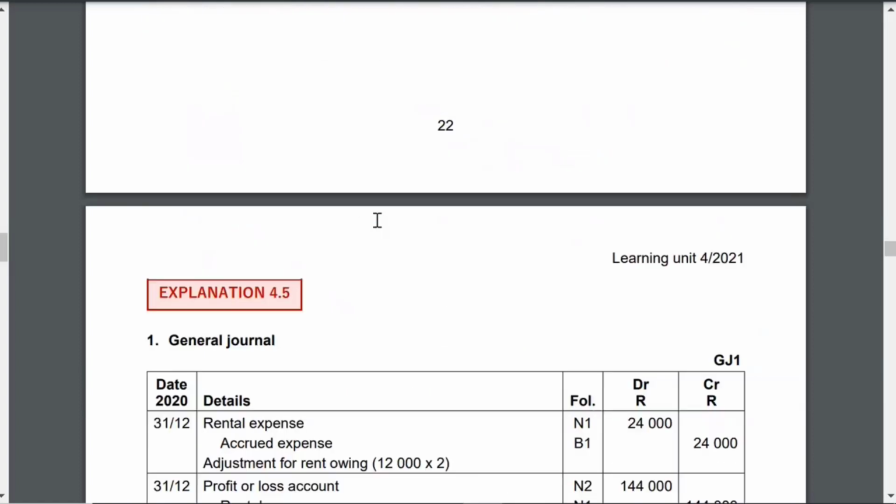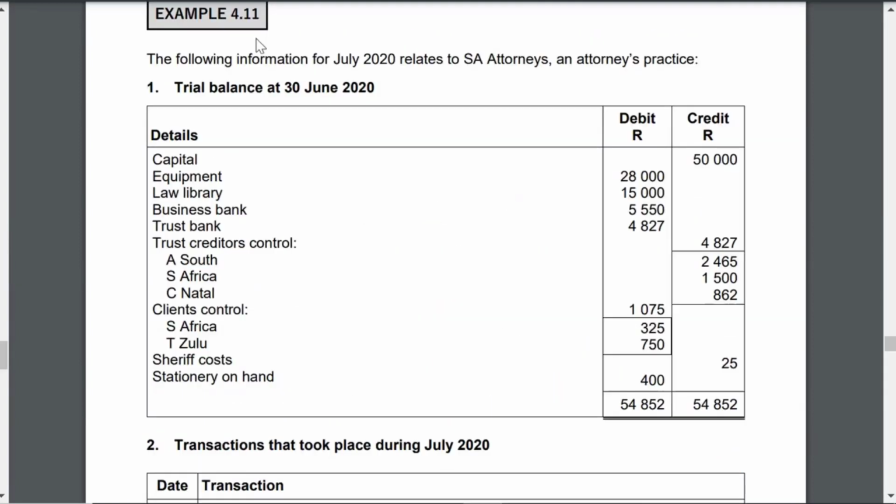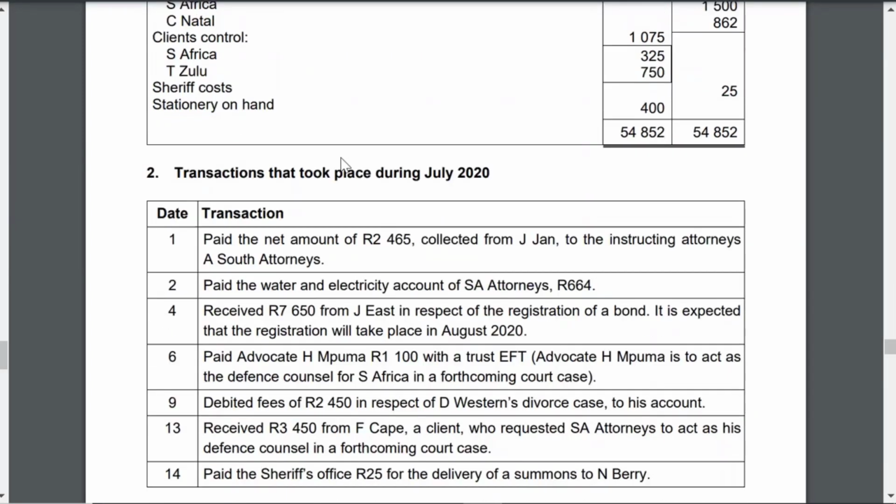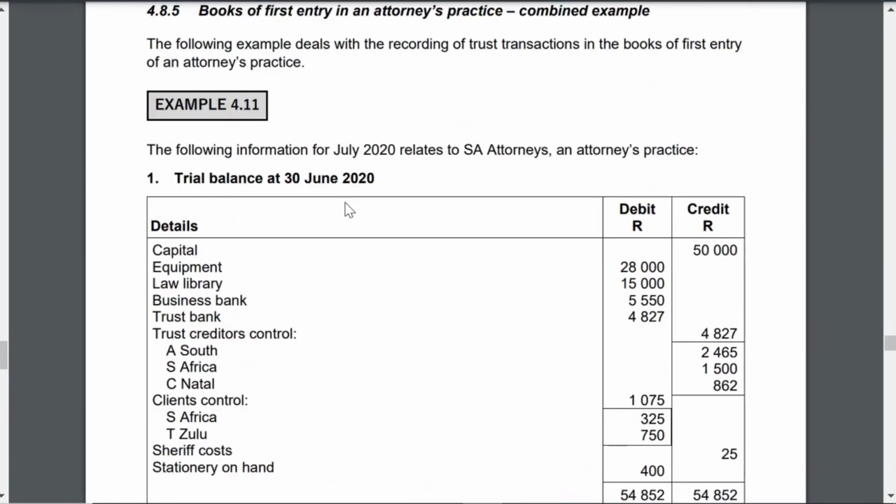So now I want us to look at example 4.11. And I want us to identify each transaction, in which books of first entry are we recording these transactions. The following information for July 2020 relates to SA attorneys and attorneys practice.